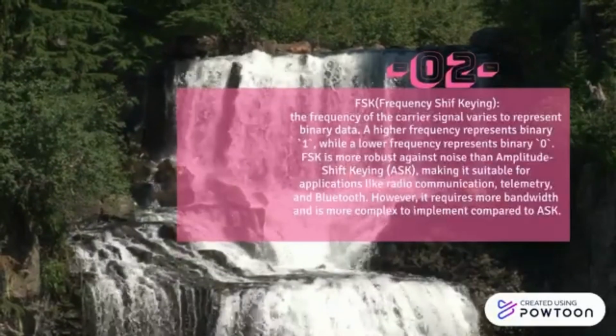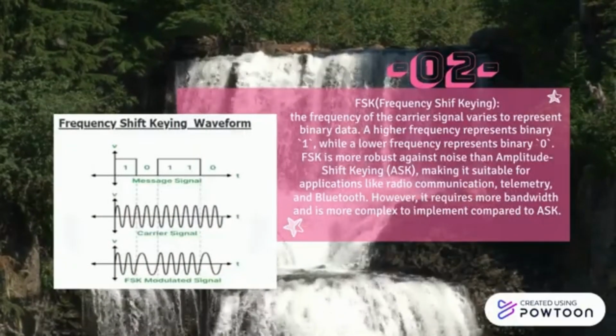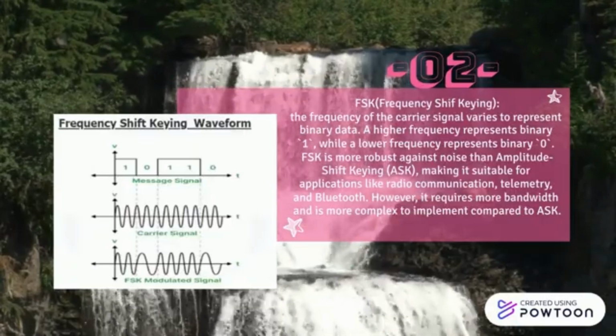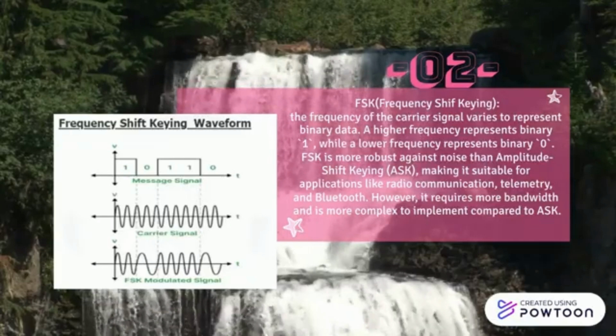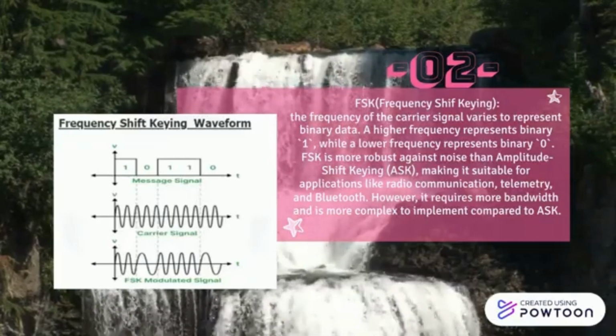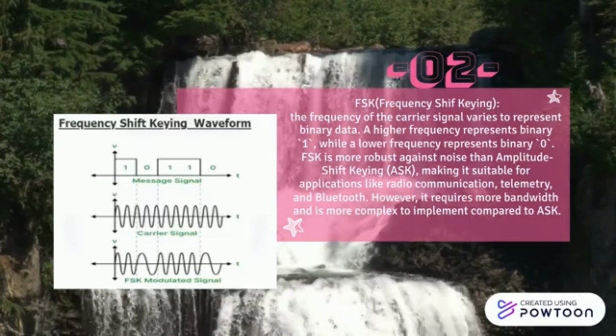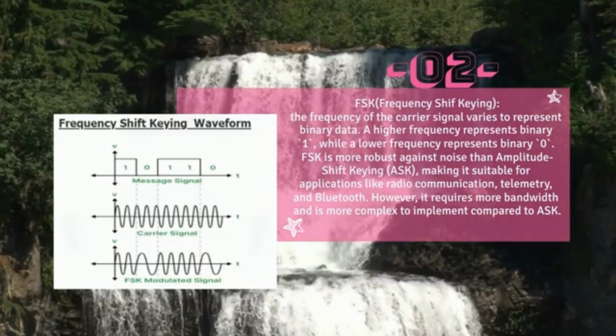FSK, frequency shift keying. The frequency of the carrier signal varies to represent binary data. A higher frequency represents binary 1, while a lower frequency represents binary 0. FSK is more robust against noise than amplitude shift keying, ASK, making it suitable for applications like radio communication.